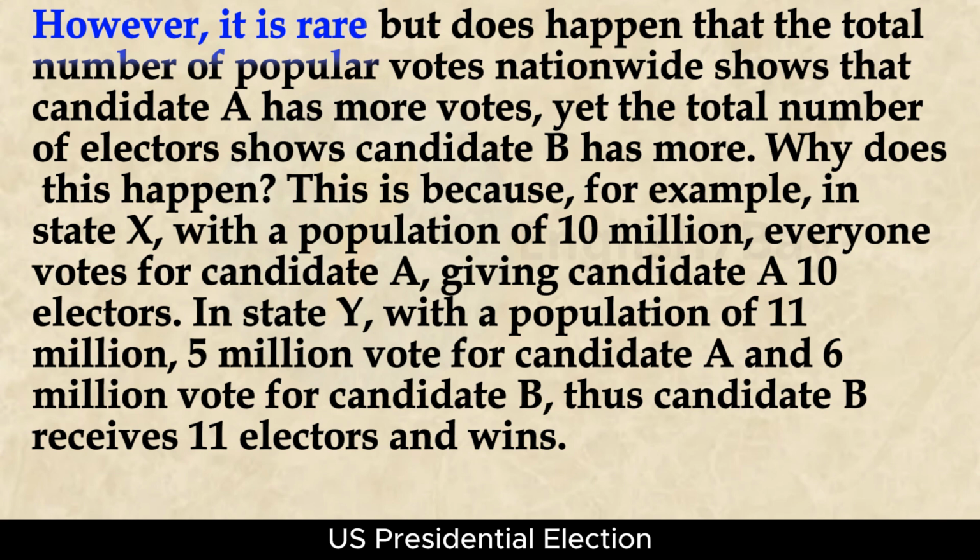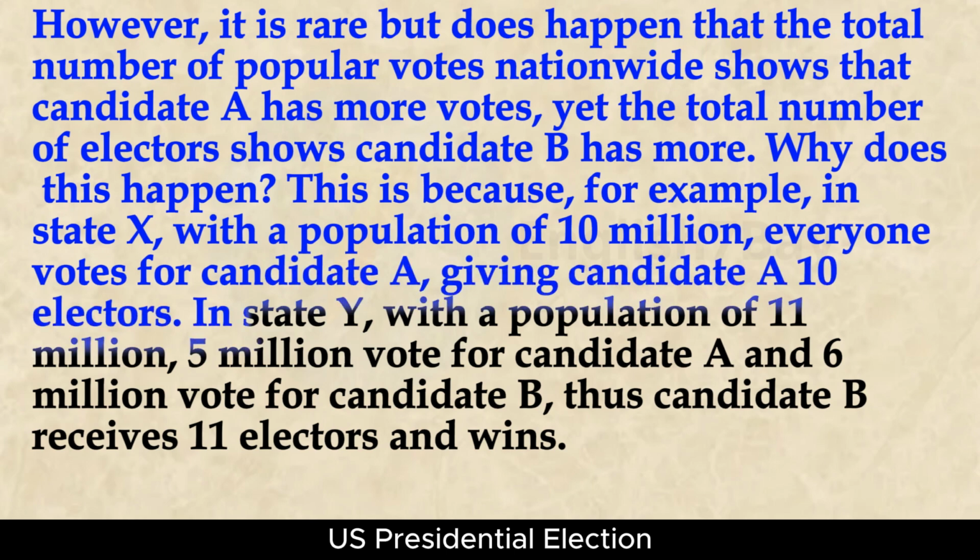However, it is rare but does happen that the total number of popular votes nationwide shows that candidate A has more votes, yet the total number of electors shows candidate B has more. Why does this happen? This is because, for example, in state X, with a population of 10 million, everyone votes for candidate A, giving candidate A 10 electors.